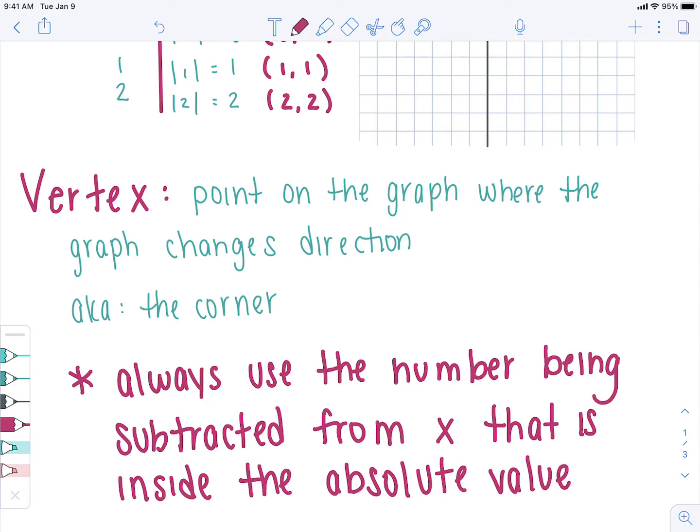Because we want to make sure that we have our vertex included in our graph. Because if we miss our vertex, we're just going to end up with a part of the V, and we're not going to know where that corner is. And we need to make sure we have that corner so that we know what the shape looks like.